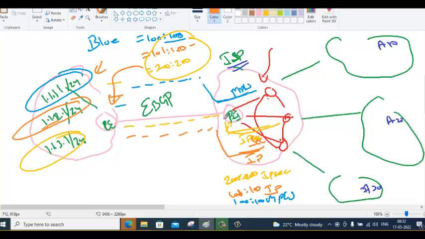So I can set weight now. If blue is matched, high weightage to the neighbor, only then I can go through MPLS. High weightage to this neighbor. I set weight attribute. So it will go via that neighbor. If it is orange, I give a high weightage to this IP path.